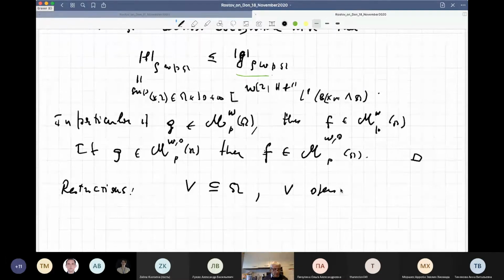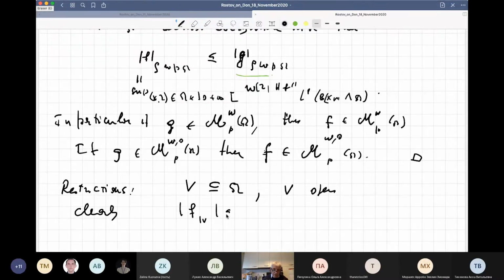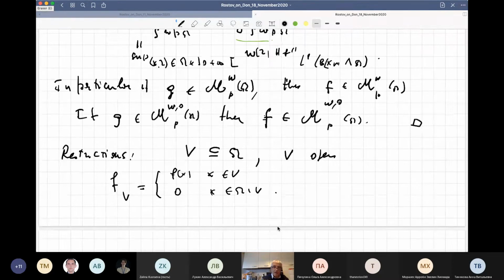And then you observe that by the previous statement, you could consider the function f in omega, and you can consider the restriction to V. If you wish, we take f over V equal to the function which is f(x) if x is in V, and 0 if x is in omega minus V. Then obviously f over V is less or equal than f.